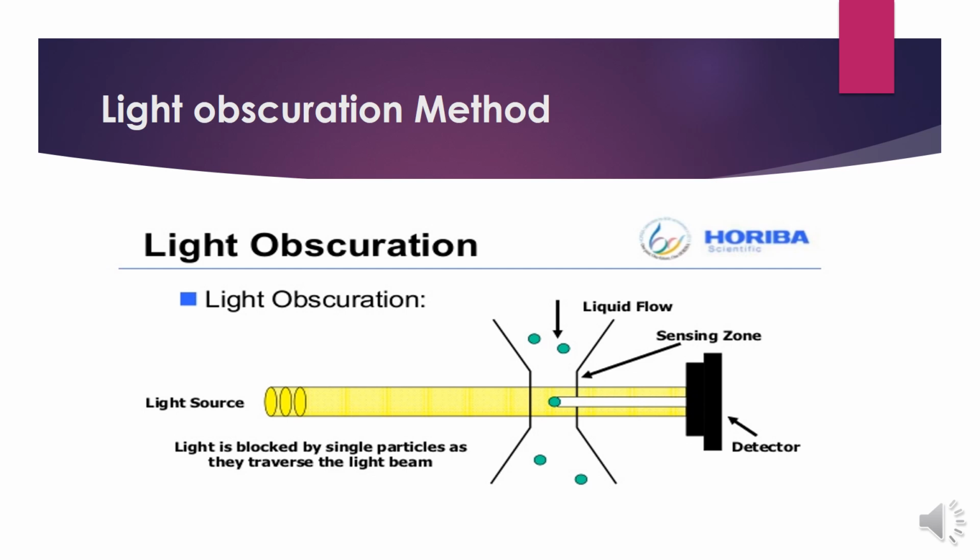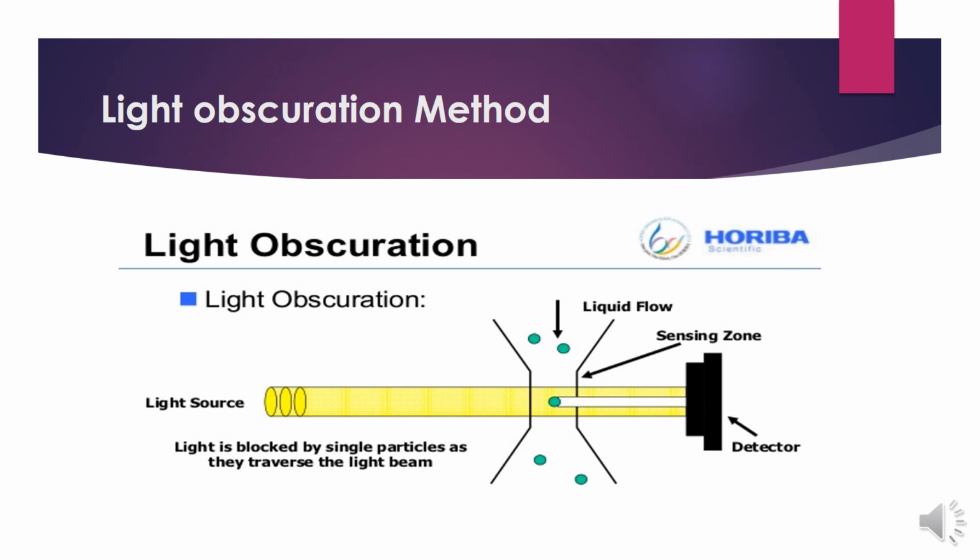So this slide is showing you a possible image of the principle followed by the light obscuration method, where in the instrument we have a light source, a detector, and an area where the particle can be sensed and detected by the detector, and how the sample is applied through it.